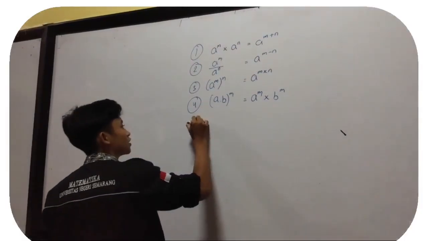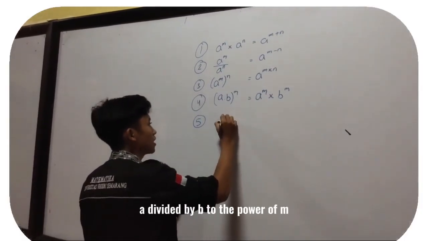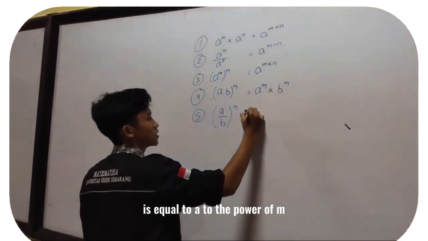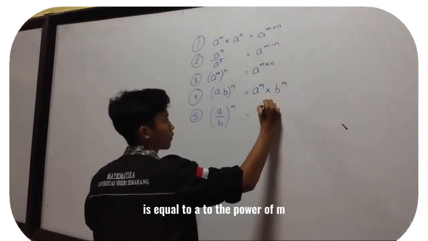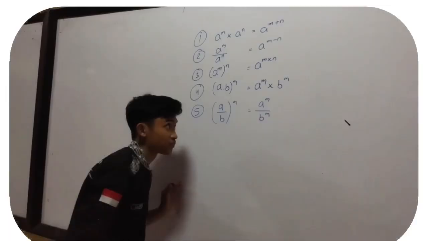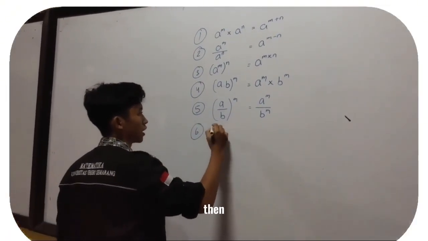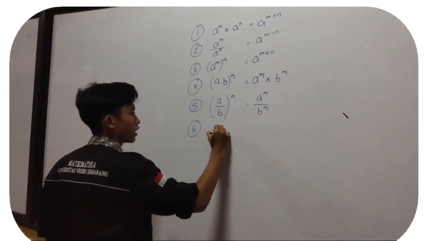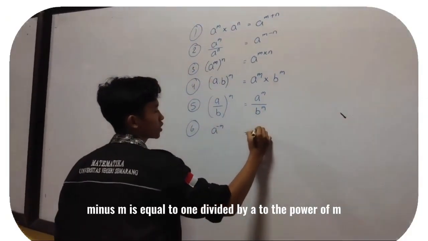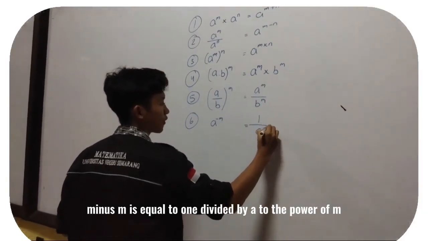Then the fifth property is a divided by b, all to the power of m, is equal to a to the power of m divided by b to the power of m. Then a to the power of minus m is equal to 1 divided by a to the power of m.